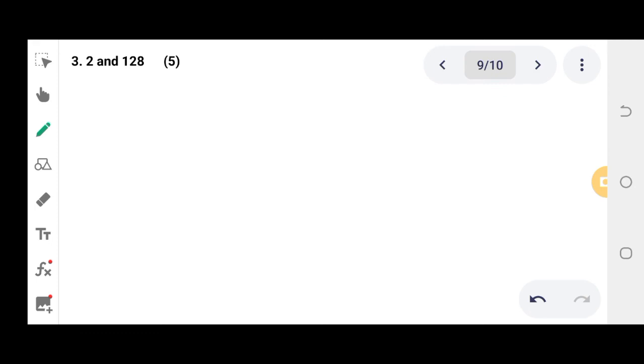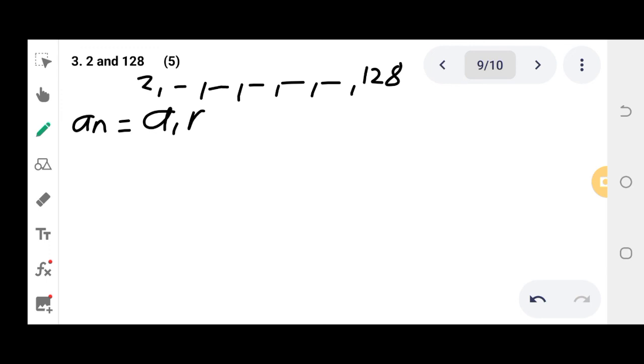Okay, let's try number 3. So, ang atin pong sequence ay 2, then 1, 2, 3, 4, 5, 128. a sub n is equals to a sub 1 times r raised to n minus 1. Ang ating pong last one is 128. First term po is 2.